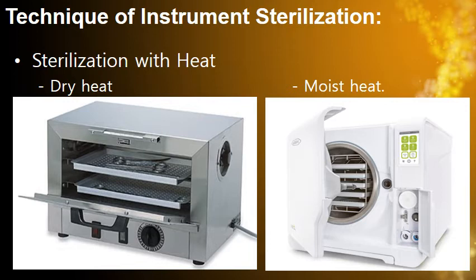So, especially for carbide burs, I must use the dry heat or the conventional oven, because moist heat will cause rust of these burs. And also the other disadvantage is the cost. The autoclave is highly costly compared to the conventional oven, but it is a cost that is worth it, because it will save you a lot of time.